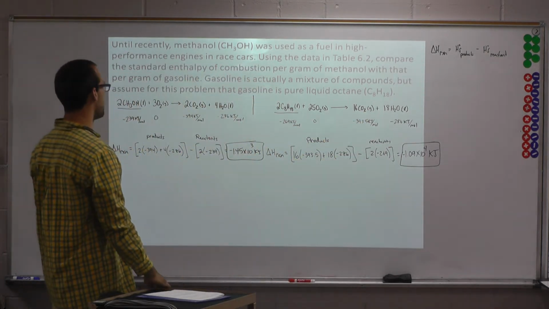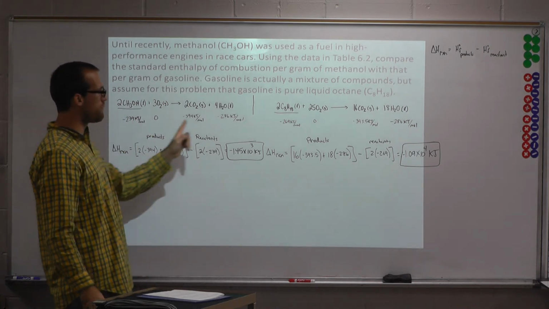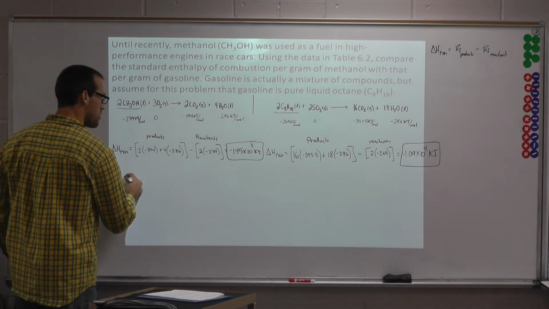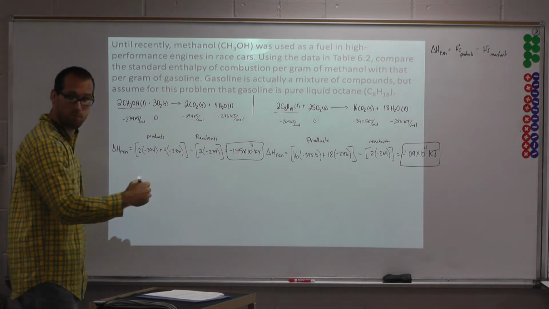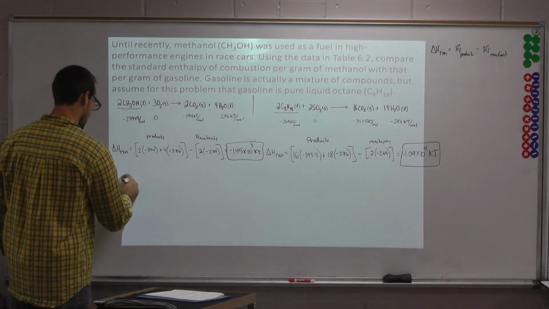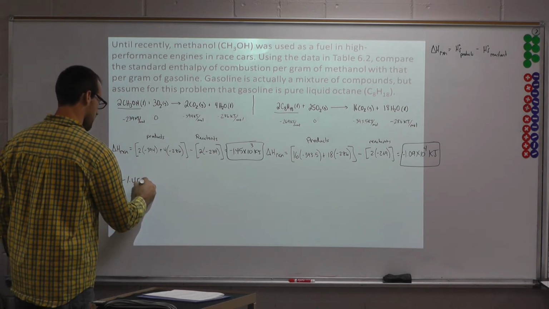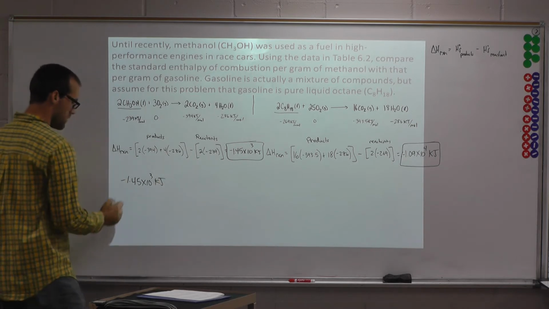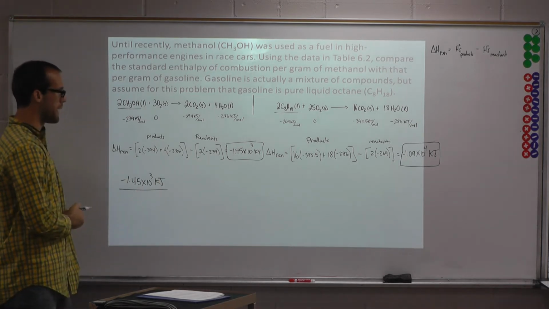Well, they wanted to specifically know methanol compared to gasoline. So I want to know per mole so I can get per gram. Divided by what?